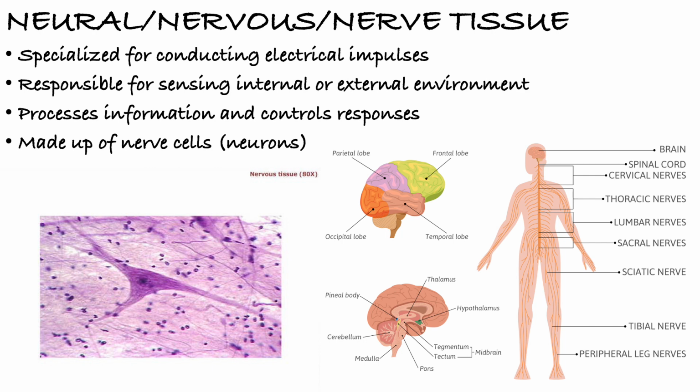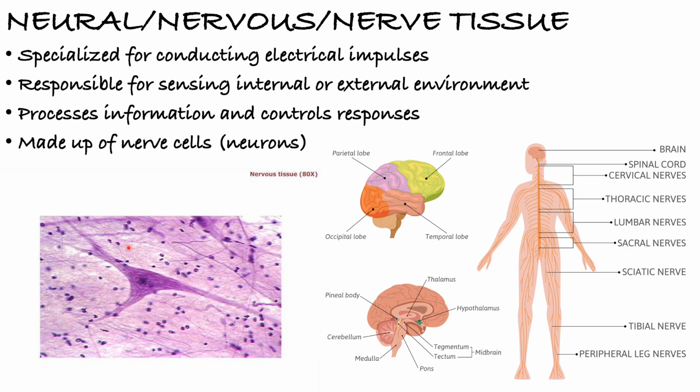And going back to what I said earlier about sensing the internal or external environment, the way your body can know what's going on on the outside is actually through the nervous tissue. So this is really important. We can talk about it's part of the special senses, but those have to be connected to the nervous tissue as well. So we're going to see here what the nervous tissue looks like under the microscope.